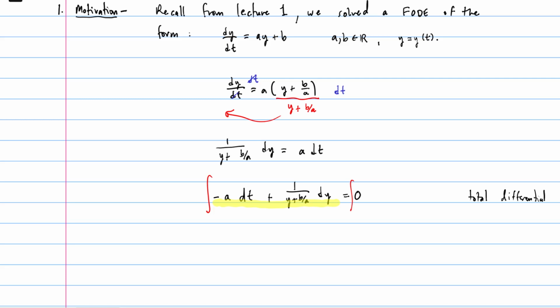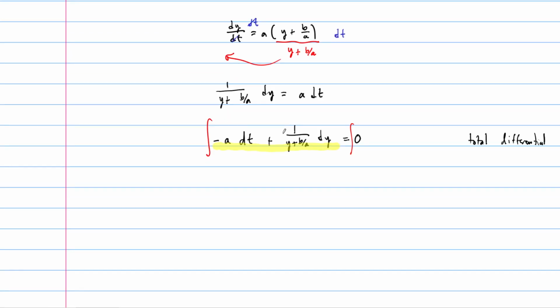Now I write the integral on both sides because we have to remember that we're going to get a constant from something, right? But on this side, we just integrate. So this minus is going to stay here. So this becomes minus a times t, right? Plus this one is now a natural log. So this is the natural log of y plus b over a, absolute value. And on this side, we get our constant c.